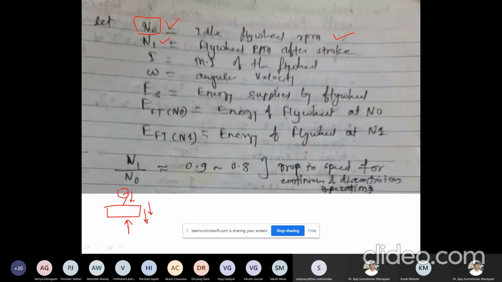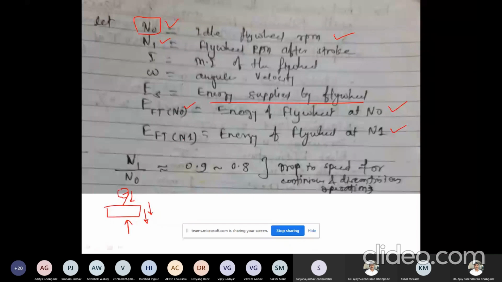I is the moment of inertia of the flywheel. Omega is the angular velocity. Es is the energy supplied by the flywheel, that is, the energy of the flywheel at N0 RPM and the energy of the flywheel at N1 RPM, right? Whatever energy loss happens, that difference is Es, the difference between the energy of the flywheel at N0 RPM and at N1 RPM.